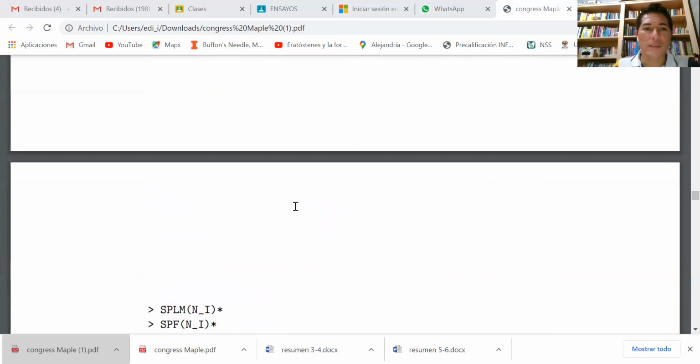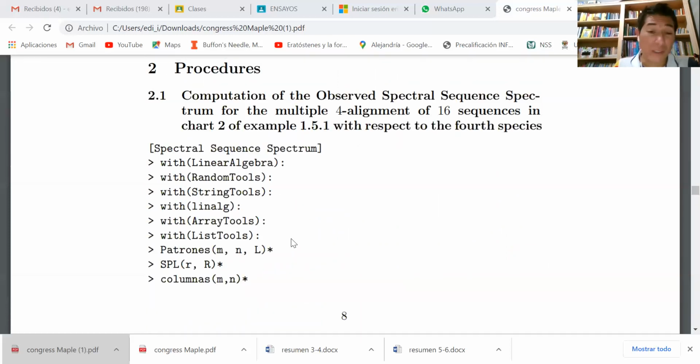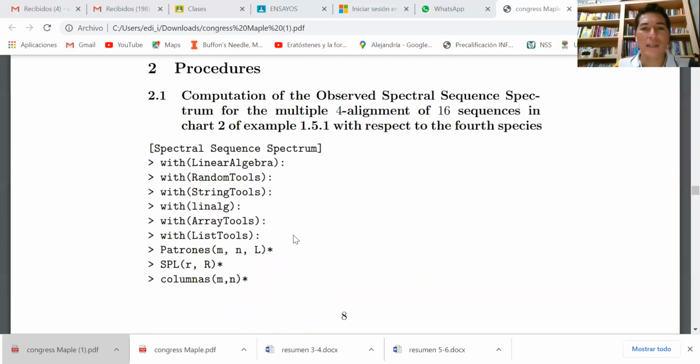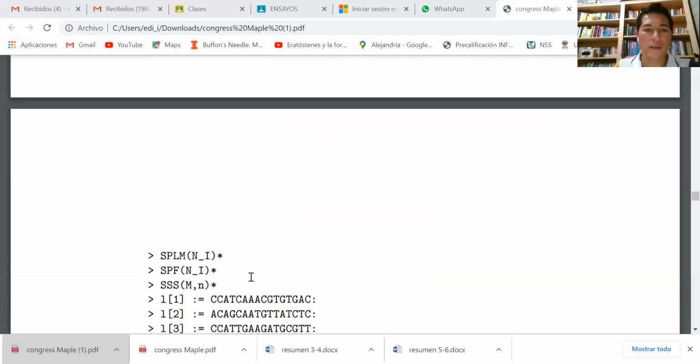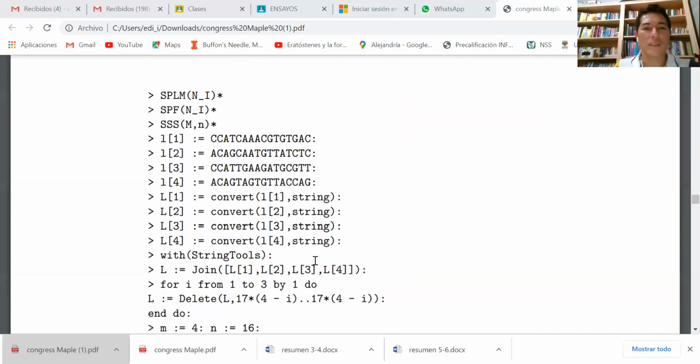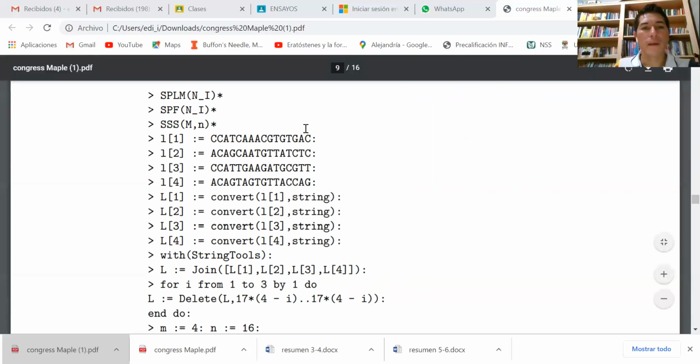Okay, but there are some procedures that I had to call to work on these sequences of nucleotides. Procedures are followed by an asterisk. So 1, 2, 3, 4, 5, 6 procedures to compute the spectral sequence spectrum, the matrix P, for these 4 sequences equally long with no gaps.